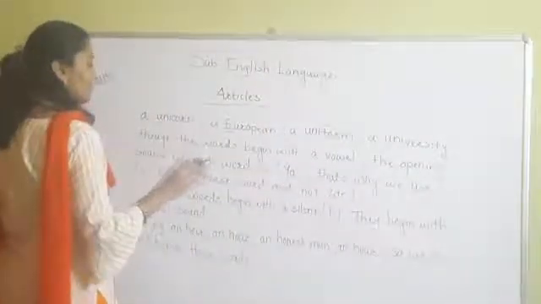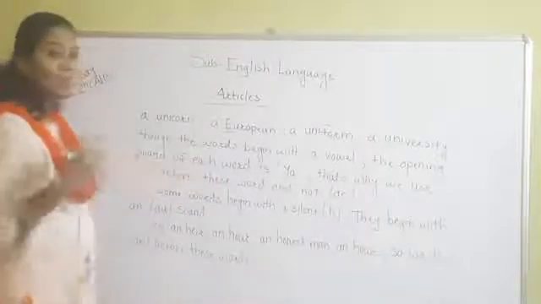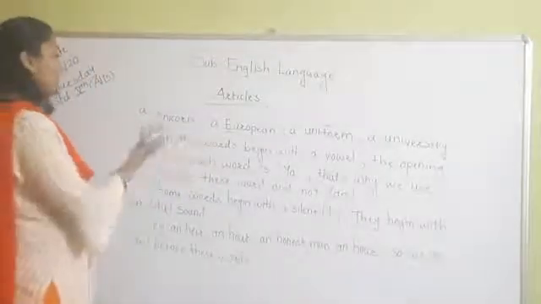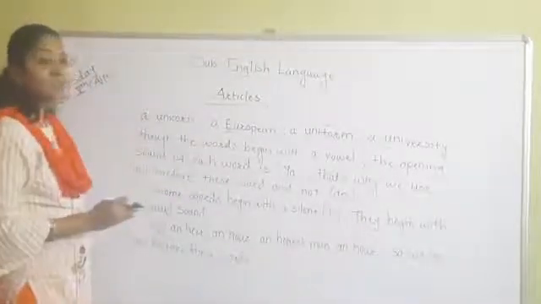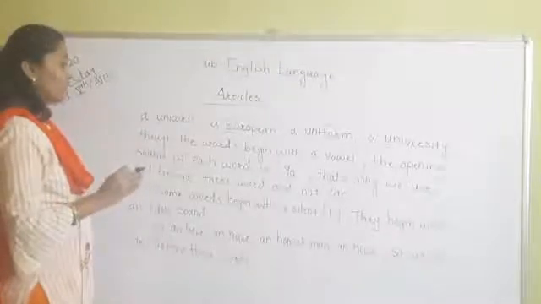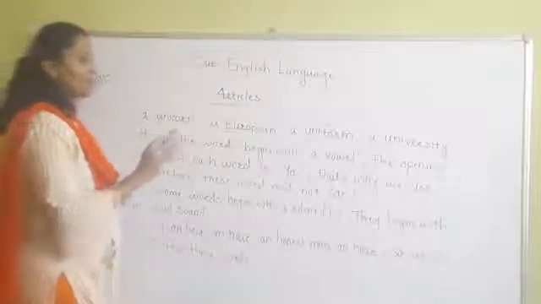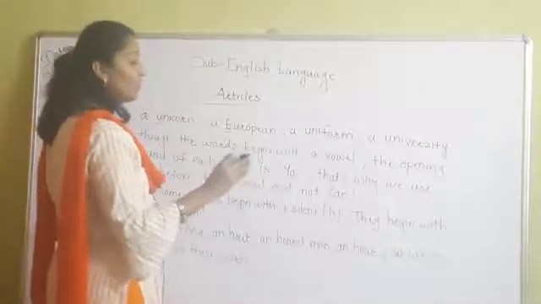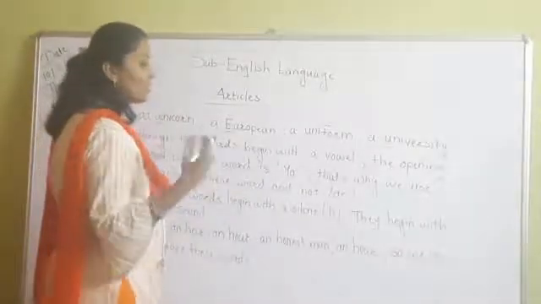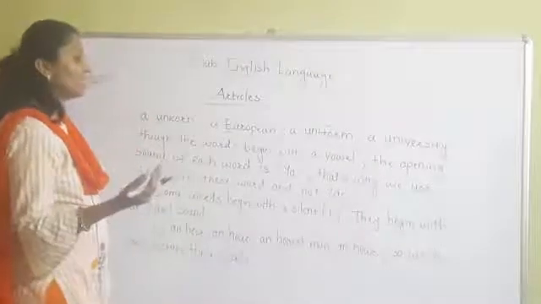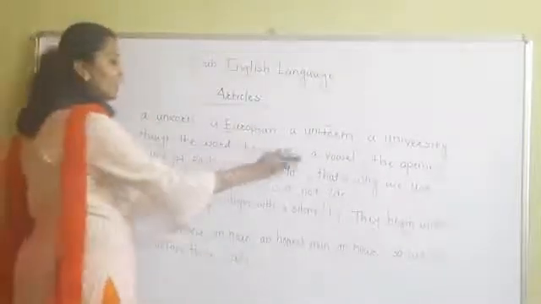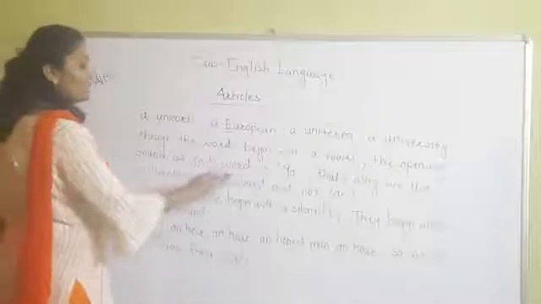So, though these words start with a vowel, when we pronounce them, the opening sound of each word is Y. Unicorn, European, uniform, university. So we are pronouncing it with a Y sound. That is why we are using a before this.